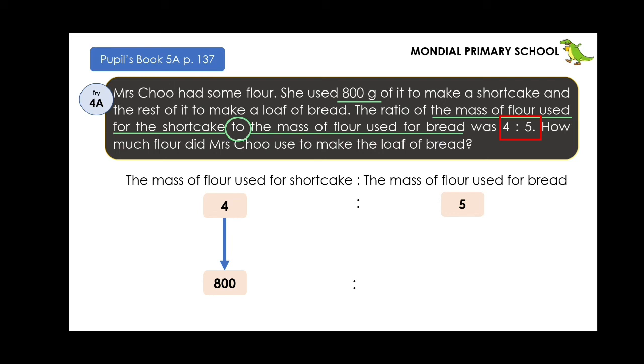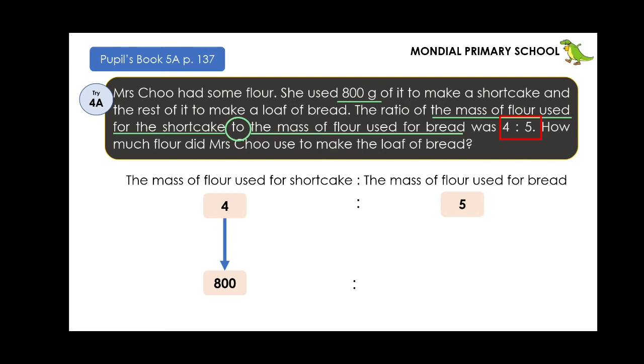What is the relationship between 4 and 800? Remember that we can use multiplication or division to find the relationship between 4 and 800.